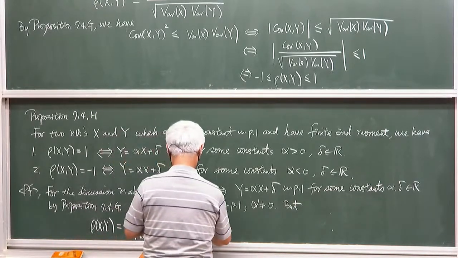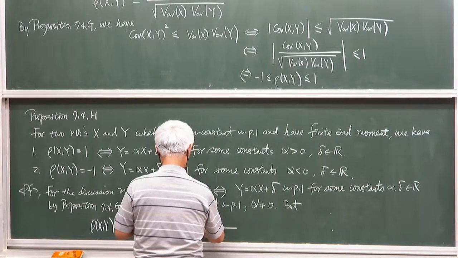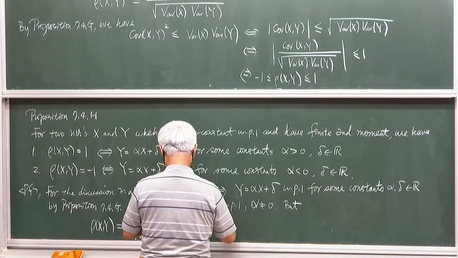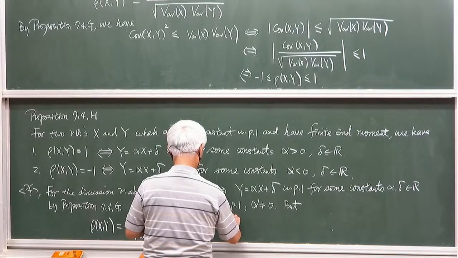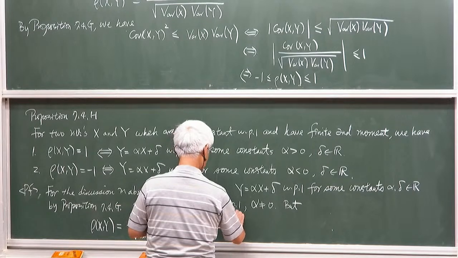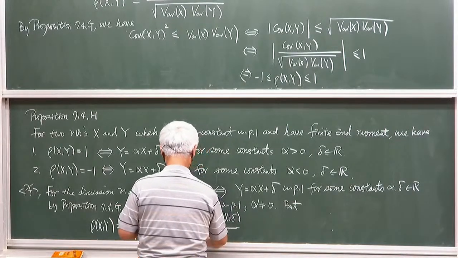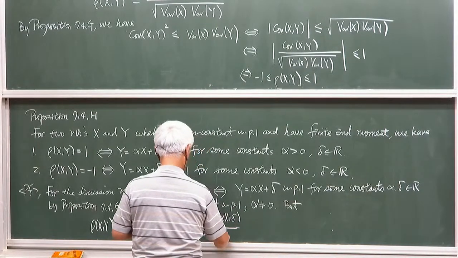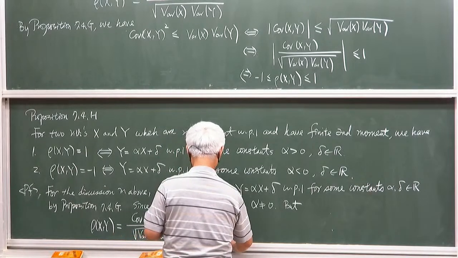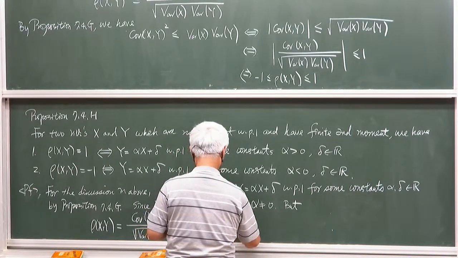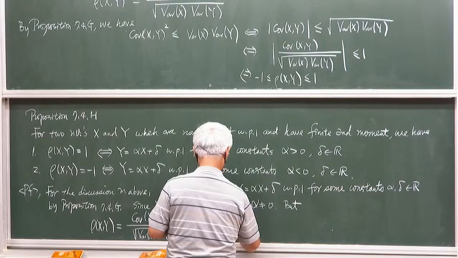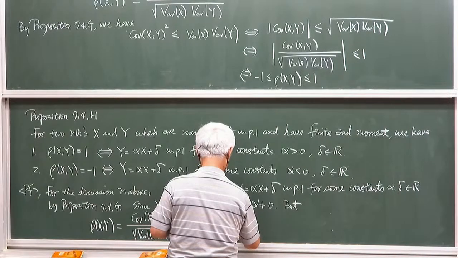So we have the covariance of x and alpha x plus gamma plus delta, over the square root of the variance of x times the variance of alpha x plus delta.